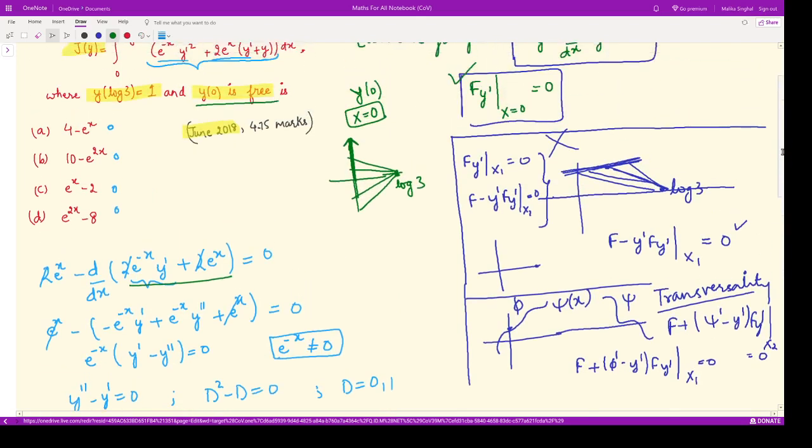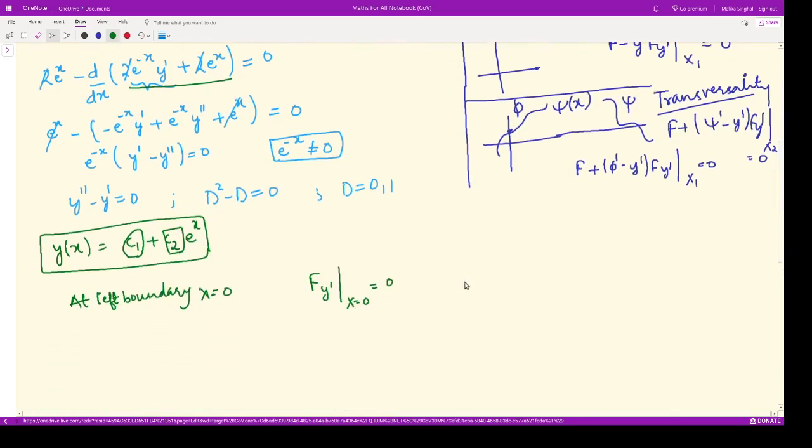Or you can again calculate it. So it is 2 e to the power minus x y dash plus 2 e to the power x at x is equal to 0 is 0. So from here, what is y dash? If you differentiate this curve with respect to x, you will get c2 e to the power x.